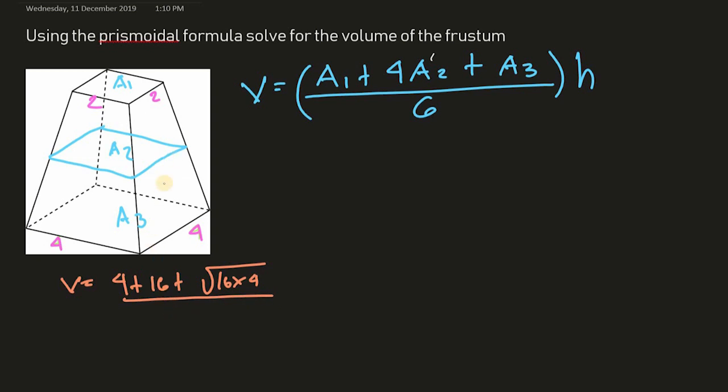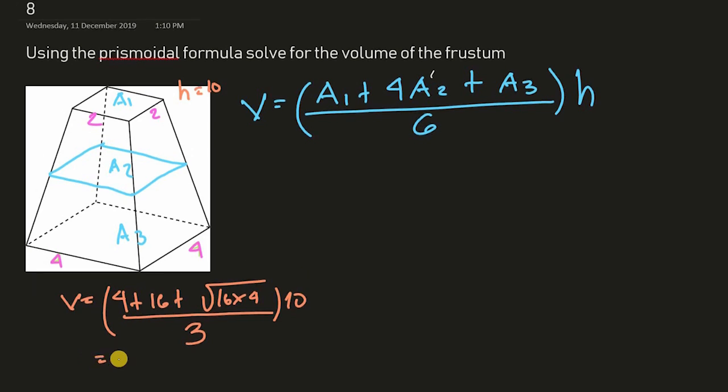I-divide ko lahat yan sa 3 kasi volume yan, and times the height. I forgot to mention the height. Let's say that the height of this is 10. Basically, ang sagot niya, that would be equal to, so kapag evaluate natin guys, yung area natin dito is equal to 93.33.